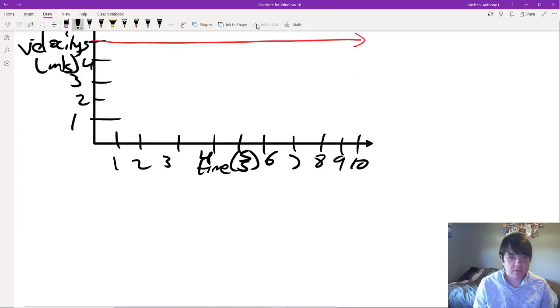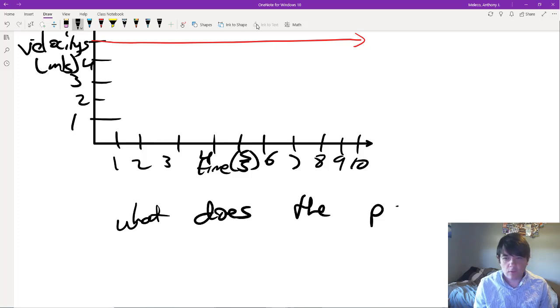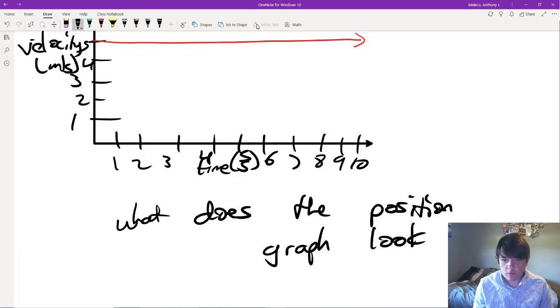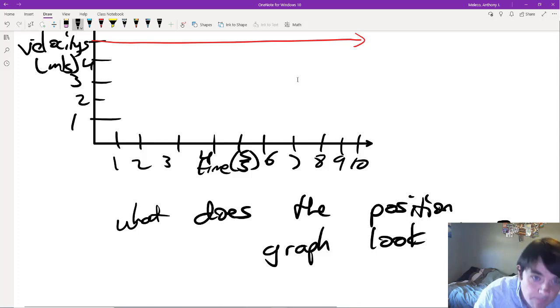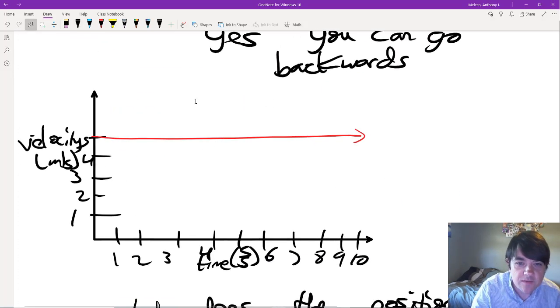And the question asks, what does the position graph look like? Well, there's at least one thing we can say while looking at this. We know that this is a horizontal line, right?